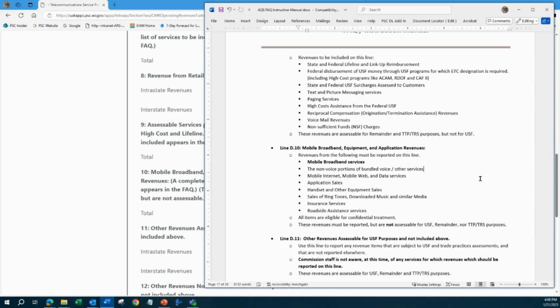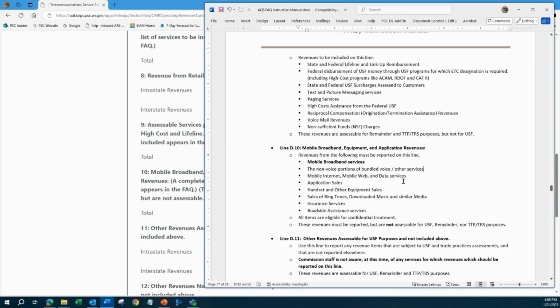In this case, 100% is winding up on line D10 because we're using the 80-20 rule. It's more than 80% non-voice, so the entire revenue from bundled service is in here as non-voice.